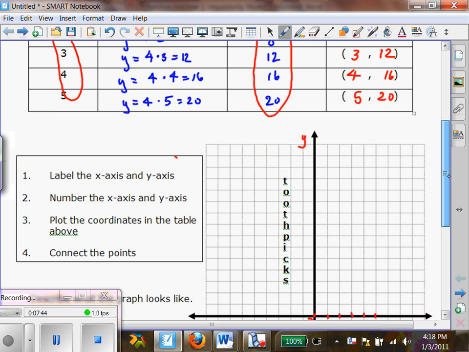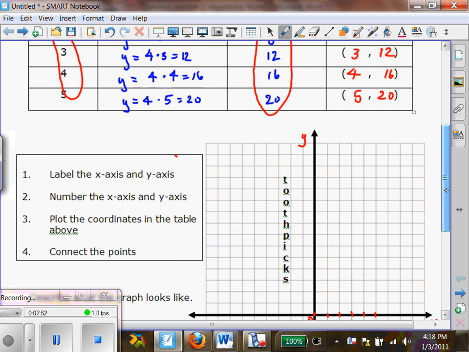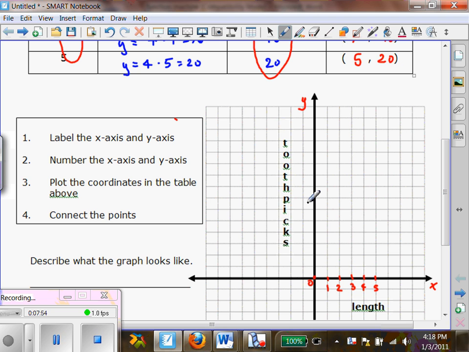Now, over here, though, my output numbers, I have to go from 4 to 20. And I don't have a whole lot of room on my y-axis. I've got positive numbers, so I'm only going to be focusing on this section of my graph. This has to be 0. I have to get to 20. So hopefully you can just estimate and say, well, if I count by 1, that's not going to fit.